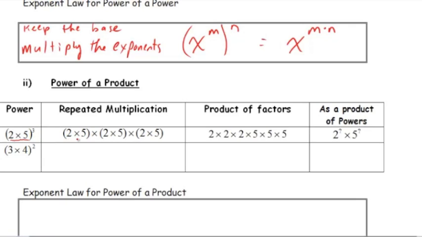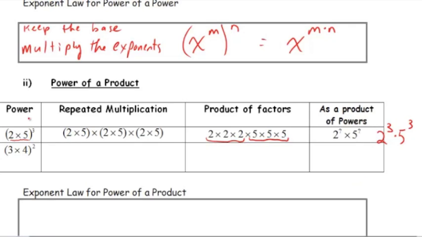So repeated multiplication, again, we can write 2 times 5 times itself 3 times. We can rearrange our multiplication statement to group together things that are going to be useful to us, and this is going to end up looking like 2 to the power of 3 times 5 to the power of 3.